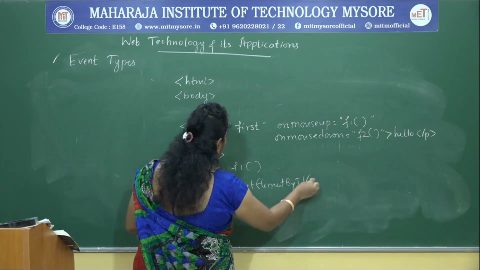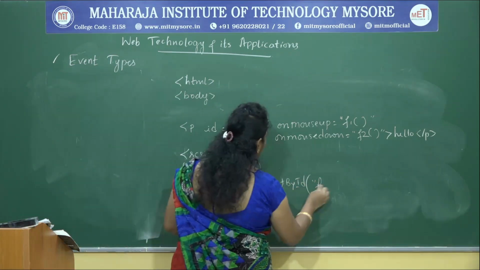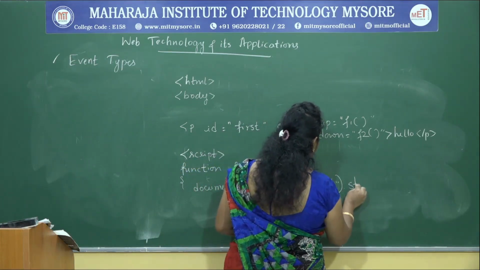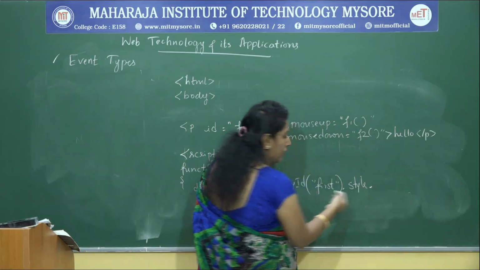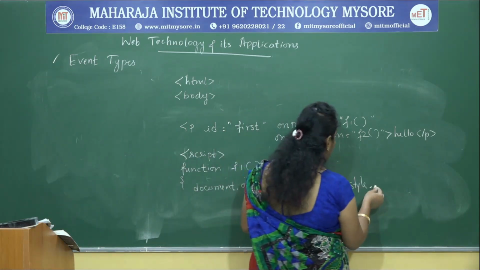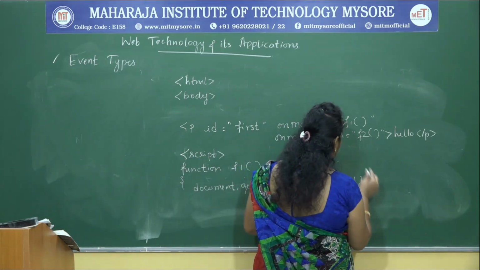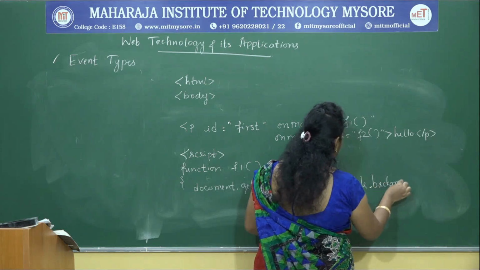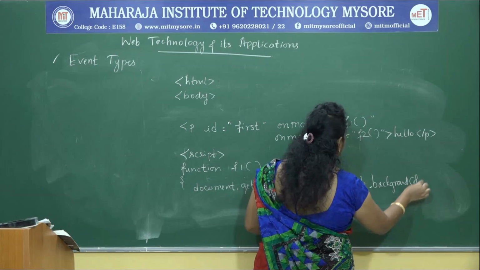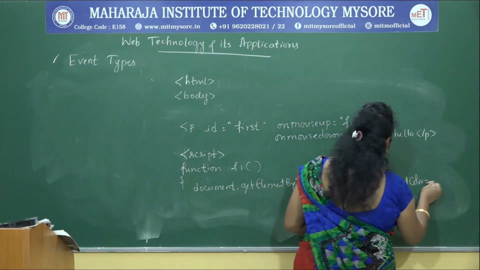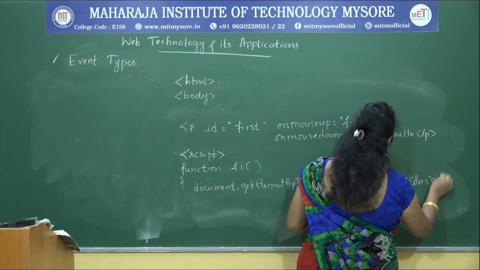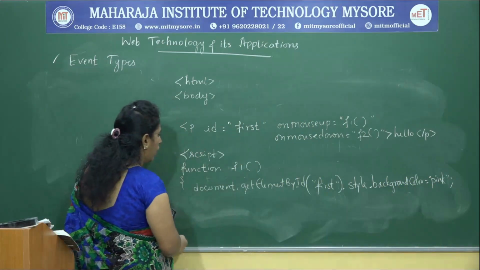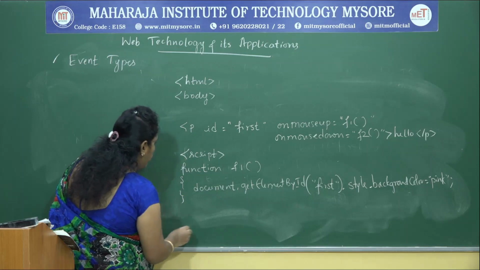Which ID? First. It should style it, so use style. Which style do you want? You want to set the background color. So give background color equals whichever color you wish. I am giving it as pink. Okay, this is about function 1.